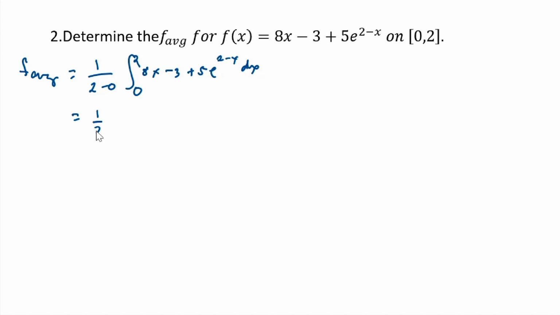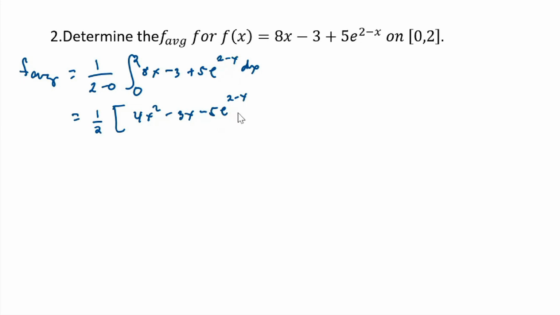So this is now 1/2. And then the integral of this: the integral of 8x is 4x squared minus 3x. The integral of the last term, 5e raised to 2 minus x: since the coefficient of x is -1, it gives us the integration of negative 5e raised to 2 minus x.